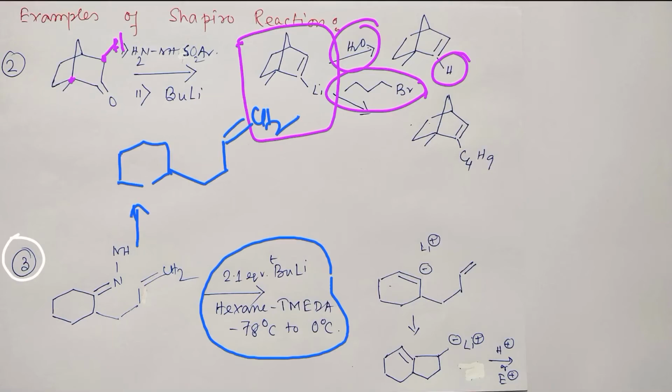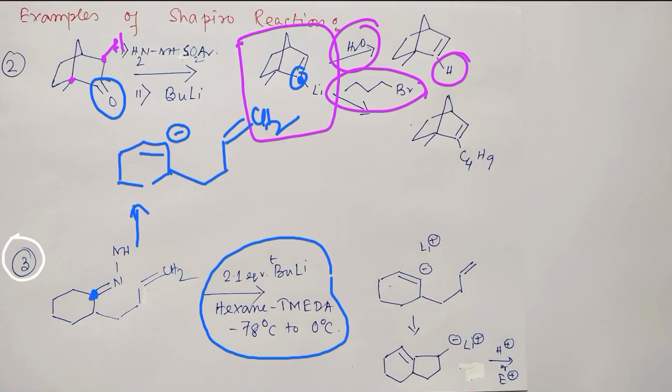Fine. So this side, this double bond is the least substituted, and the negative charge will come here. Negative charge will come at the place where the hydrazone is produced. See, in this case, similarly, where the carbonyl group was there, the negative charge will come at that place. Similarly here, in this carbon the hydrazone is there, so negative charge will come here.